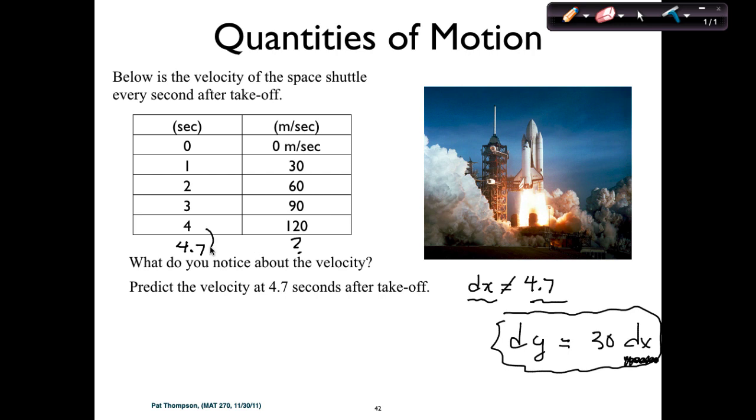So this is like a dx of 0.7. And so that tells us there's a variation of 0.7, so I use 30 times 0.7 to get dy, which is 21. So given that change in time of 0.7, the corresponding change in speed would be 30 times 0.7, which is 21.